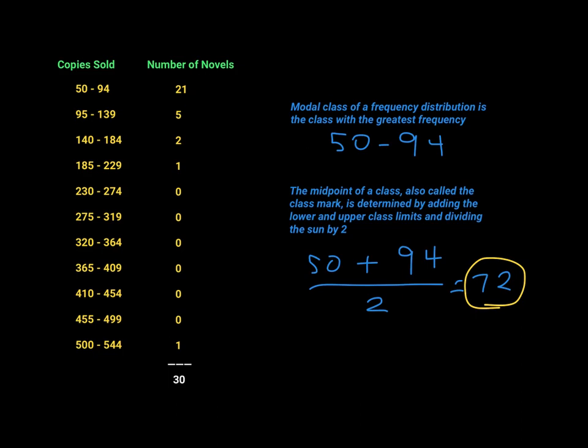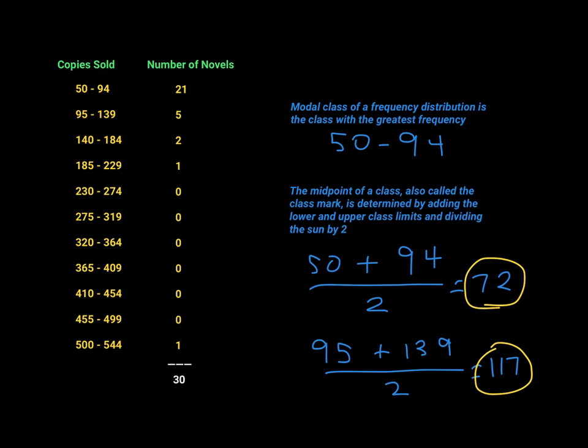Let's get the midpoint, which is also called the class mark, of the second class. The lower limit is 95, the upper limit is 139. If I add those two numbers together and divide by 2, I get 117. 117 is the class mark of the second class.